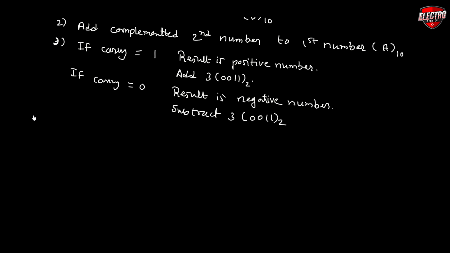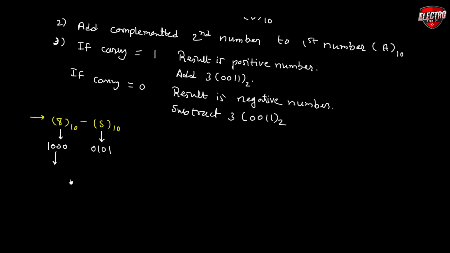For example, we have the decimal number 5, and we want to subtract that number from 8. So the first step is to convert these decimal numbers into BCD numbers. The BCD number for 8 is 1000, and the BCD number for 5 is 0101.